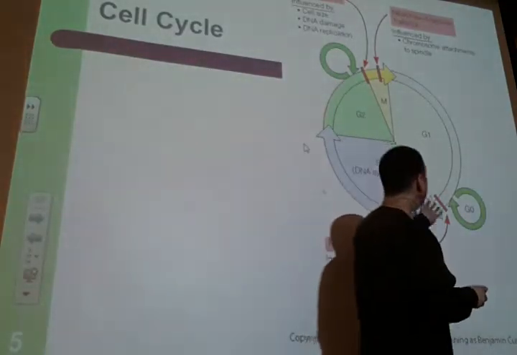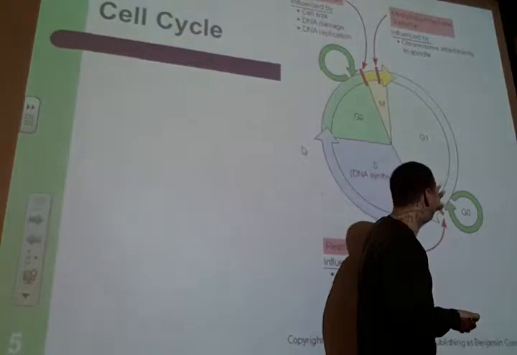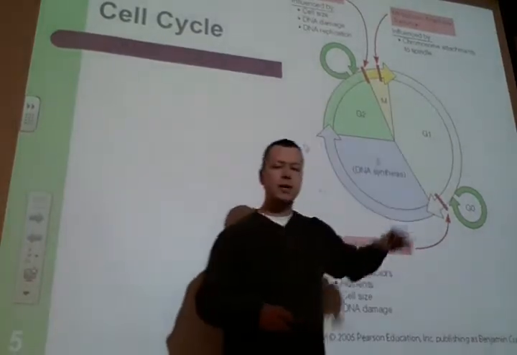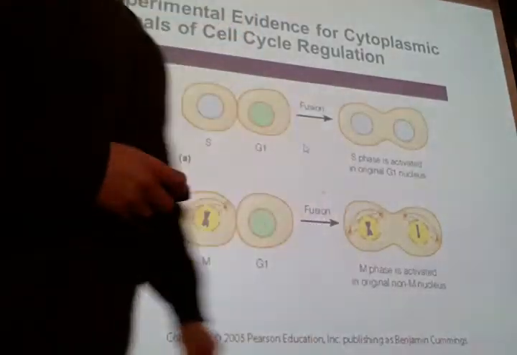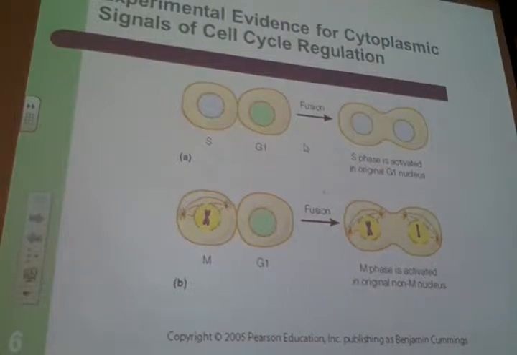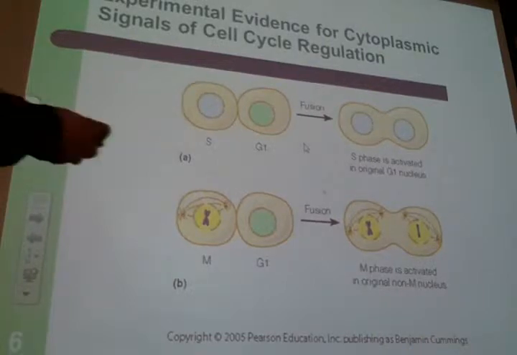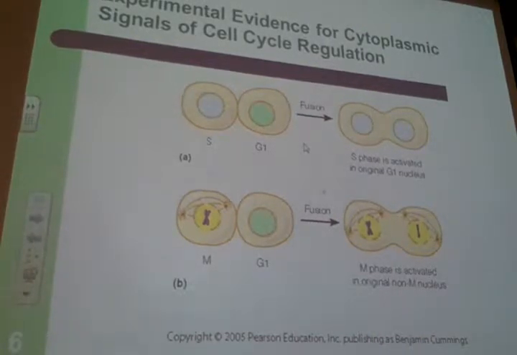What's really controlling the transition from G1 to S, from S to G2, etc.? So people started thinking, well, it's probably a protein or something, since proteins do most of the work in the cell. So they did some really clever experiments to try and figure out what's going on.